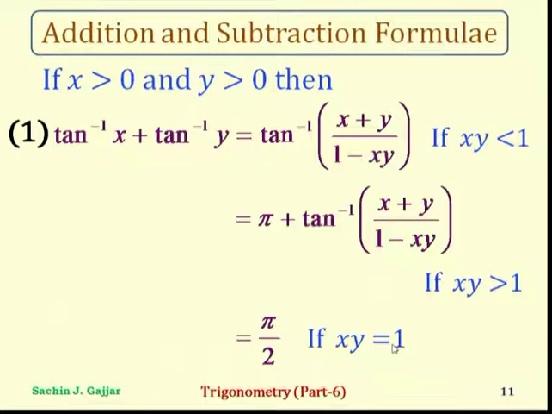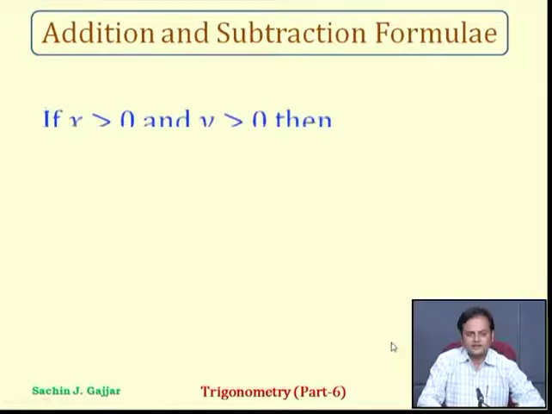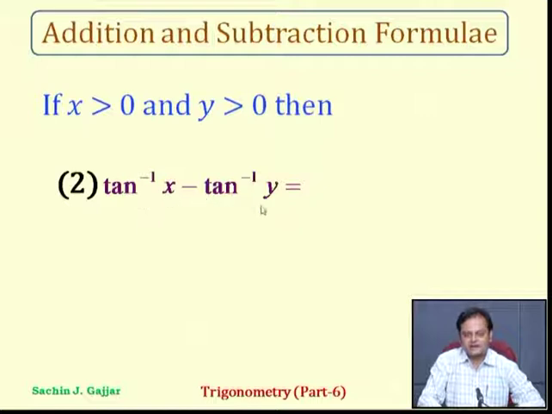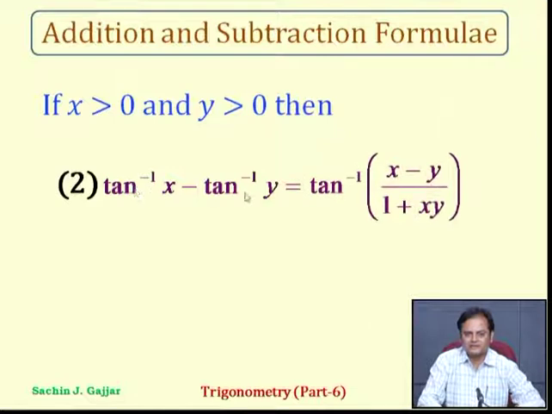Now let's learn the second formula. If x greater than 0 and y greater than 0, then the second formula for subtraction, tan inverse x minus tan inverse y, and here there is no condition. For any x and y real numbers, we have tan inverse x minus tan inverse y equal to tan inverse x minus y upon 1 plus xy.